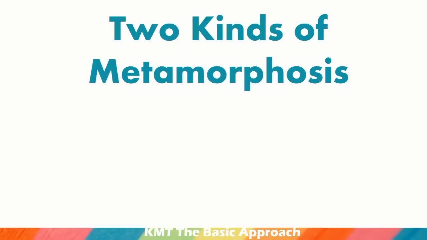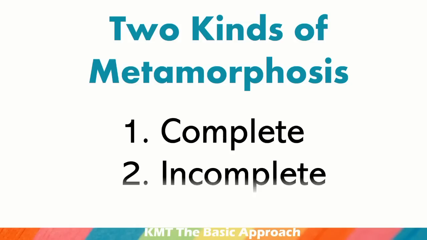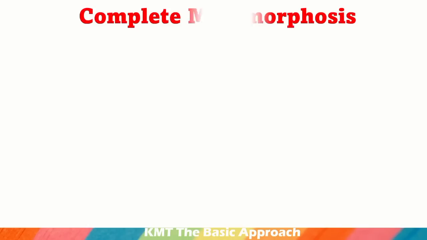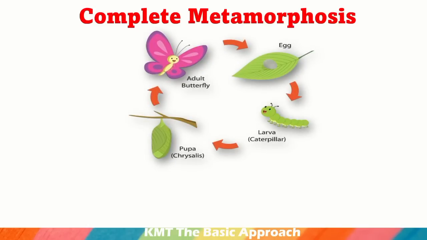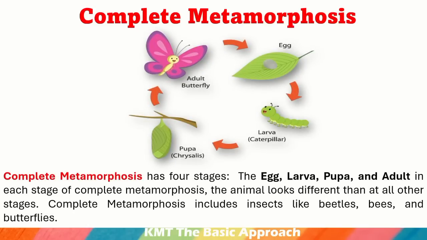Two kinds of metamorphosis. Number 1, complete, and number 2, incomplete. Complete metamorphosis has 4 stages: the egg, larva, pupa, and adult.